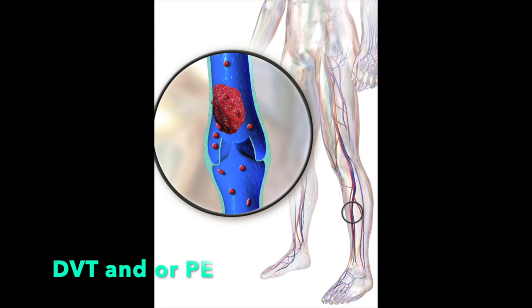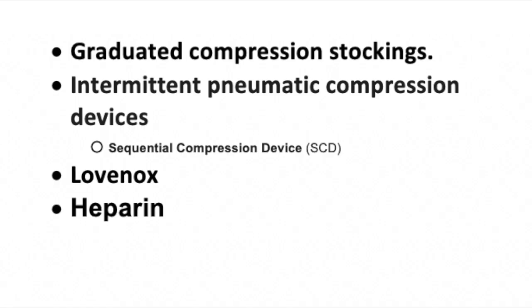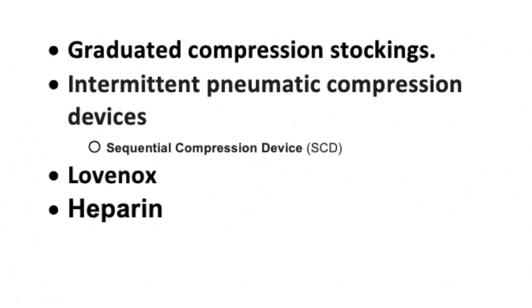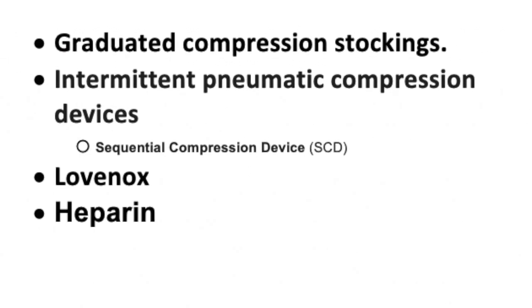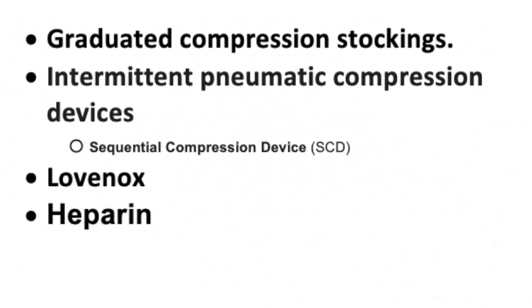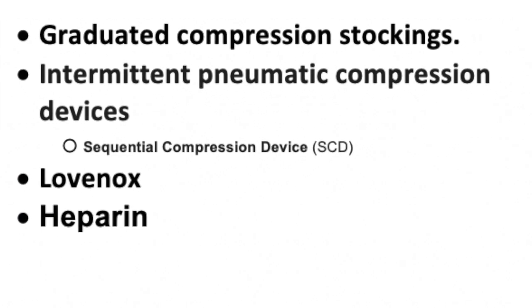So this is super important to recognize promptly, that number 1, you have some kind of preventative measure in place, whether it's something like Lovenox or heparin shots, or the sequential compression devices, the SCDs that you hear sometimes. Make sure those types of things are on the chart as an order.